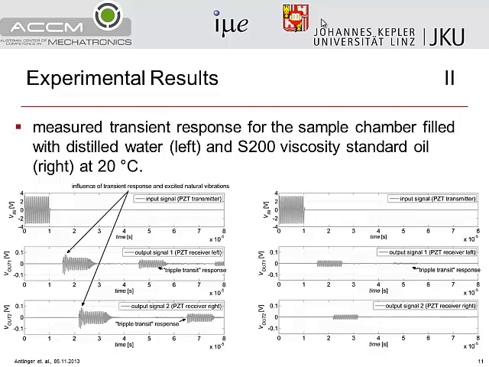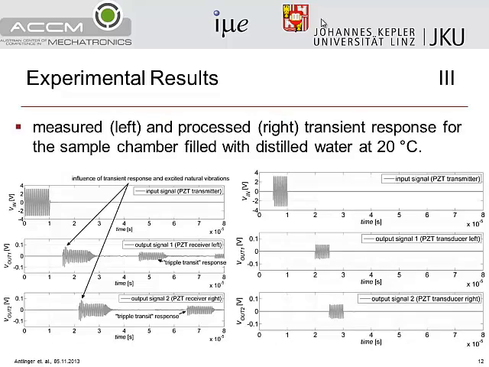For example, here you can see clearly the triple transit response, and you can also see the transient settling of the PZT disks, which is not so clear to see when the viscosity is higher, so you have to zoom in more. These are examples for the original recorded data of the measurements.